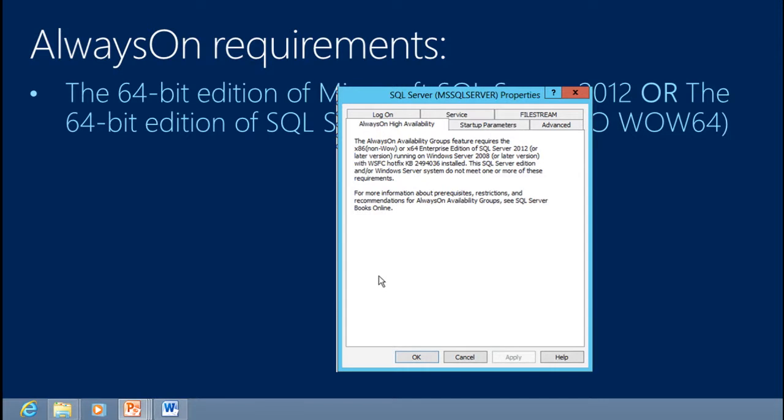When I tried to do a demo today for you guys, guess what I got? My cloud provider said it was 64-bit edition, but it was not. It was 32-bit edition SQL running on a 64-bit edition server. So watch out for that. Make sure that that's straight.